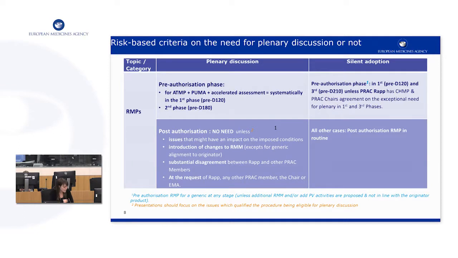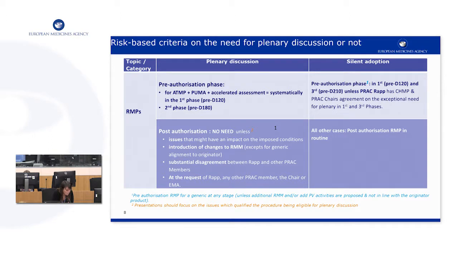Now, if we go to the next slide, RMPs. RMPs on the PRAC agenda are captured under section 5. So 5.1 is dedicated to procedures in the pre-authorization phase, all initials, but only initials applying under the centralised procedure.